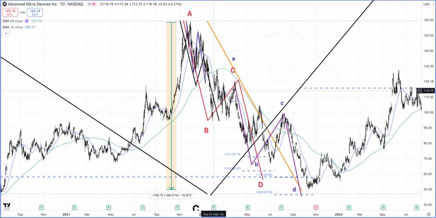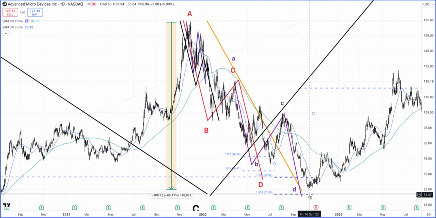I've tried to highlight these in terms of the ABCD, which are really cycles that I like to take a look at, and you can clearly see there are a number of them. They're color coded here. What we have is a move starting right here when the top came in on the 30th of November, 2021, and if we just take this red ABCD, it completed round about the 61.